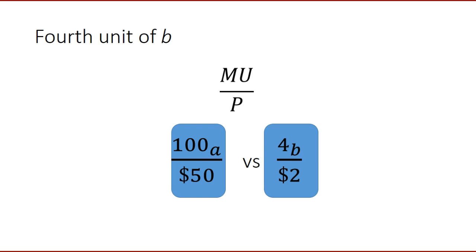The amount of happiness you get per dollar is identical for 1 concert and 4 Mars bars. So in this case, we're now indifferent between the two. If we've got enough money, we'll now purchase both of these products. Okay? Because they give the same amount of happiness per dollar.